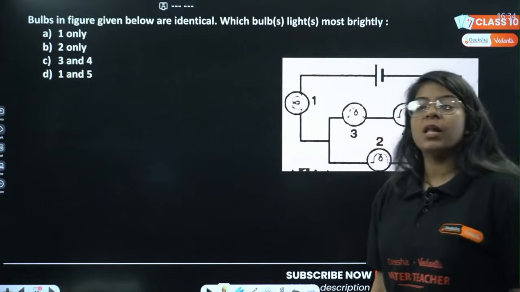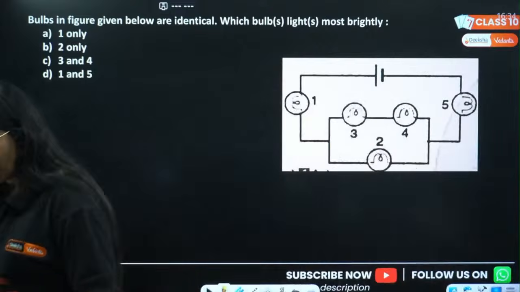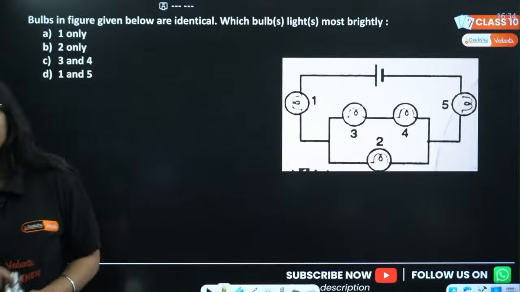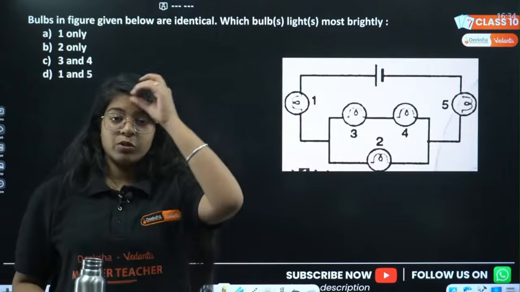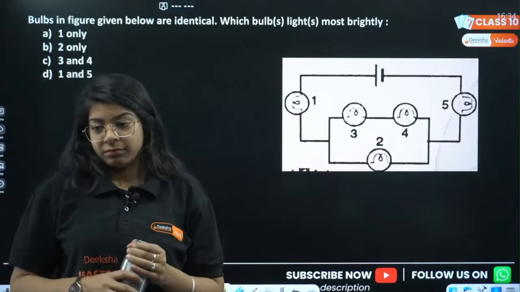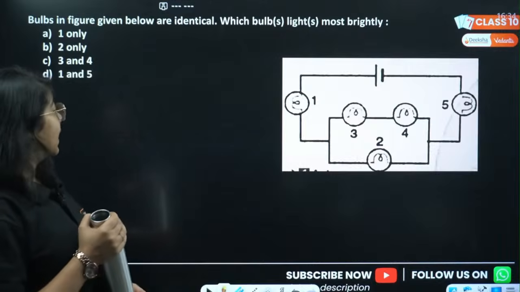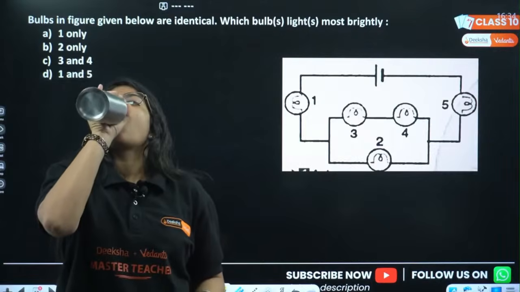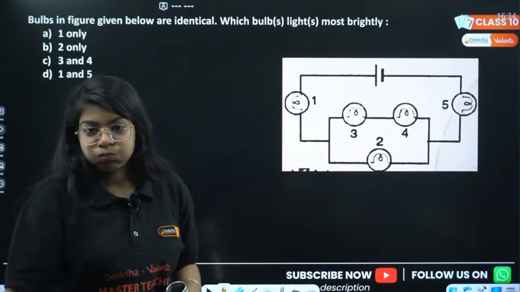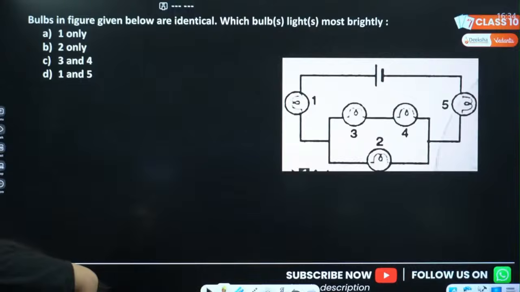Which of these bulbs will be glowing with the most brightness? Let me know once you solve it. 1 and 5. Okay, let's solve the question.